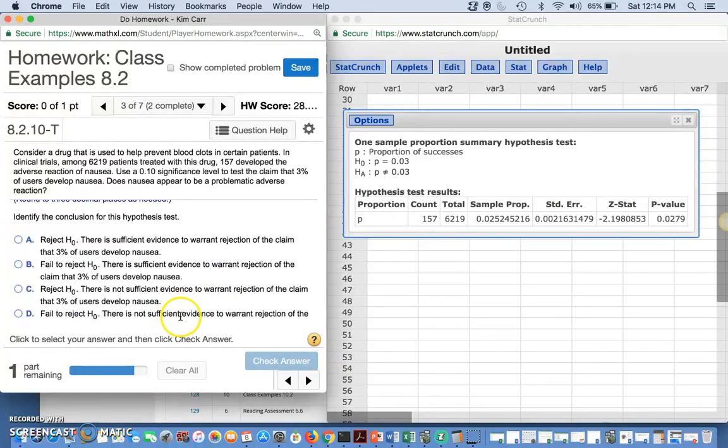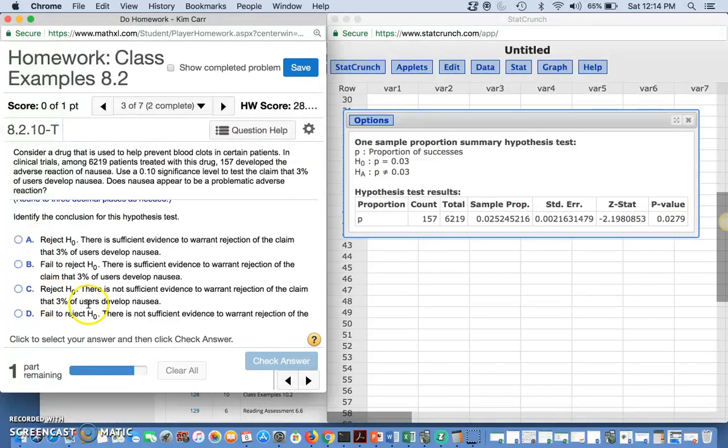Okay, identify the conclusion here. What are you going to do? Well, your significance level is 10%. Your p-value is 2%. The p is less than the significance level, so you're going to reject.